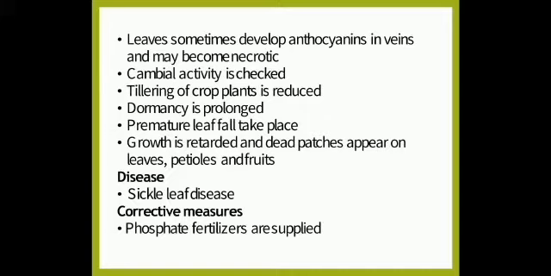The cambial activity is checked, tillering of the crop plants is reduced, prolonged dormancy and premature leaf fall take place, and growth is retarded. And dead patches appear on the leaves, petioles, and the fruits. The deficiency leads to a disease known as sickle leaf disease. So it can be corrected by adding phosphate fertilizers.